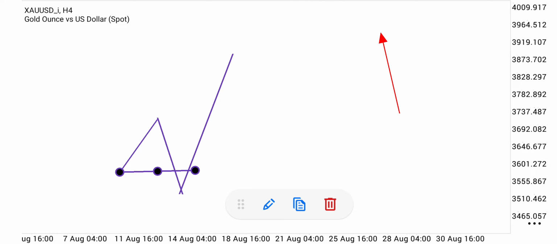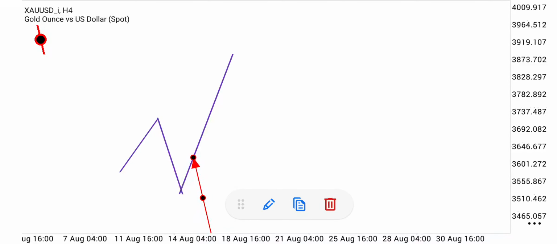But before it goes up, this level here will be swept, meaning there will be a candle which goes below here, then closes above this level, which means the candle must be a pin bar.